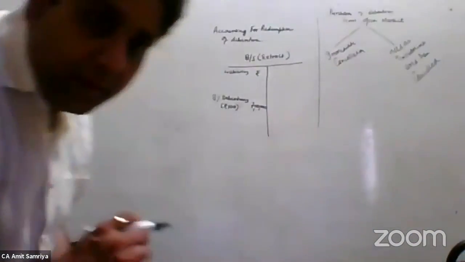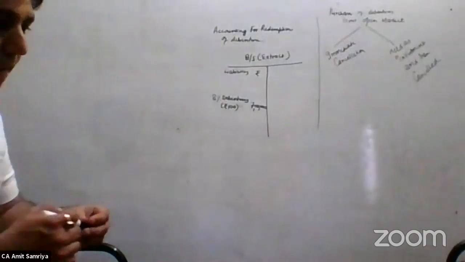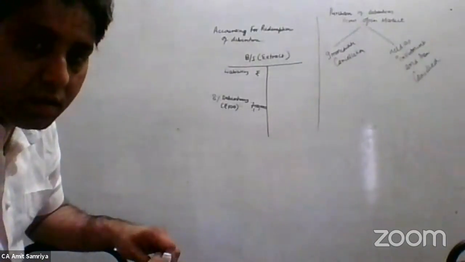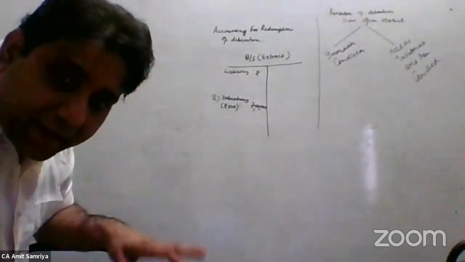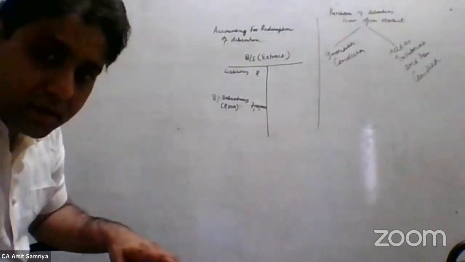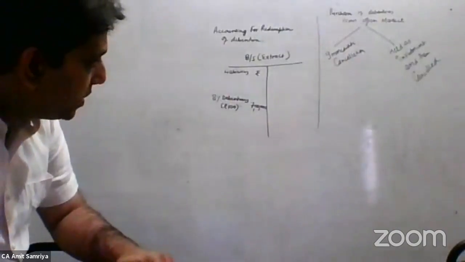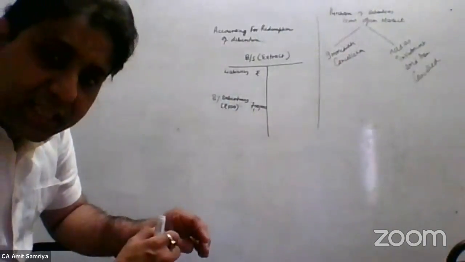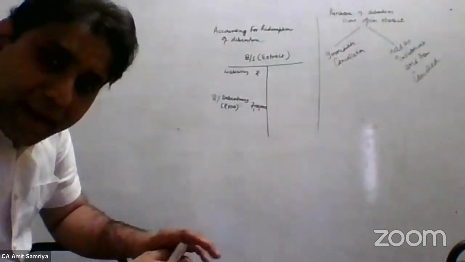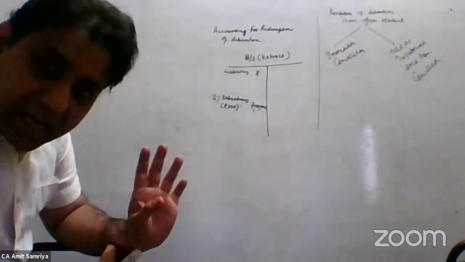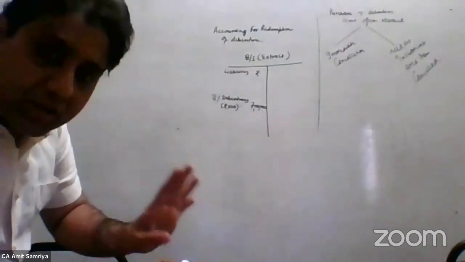What is immediate cancellation? The company went to the open market and purchased these 7 lakh debentures at rupees 7,50,000. The company pays the money to the investors and takes back the debentures.